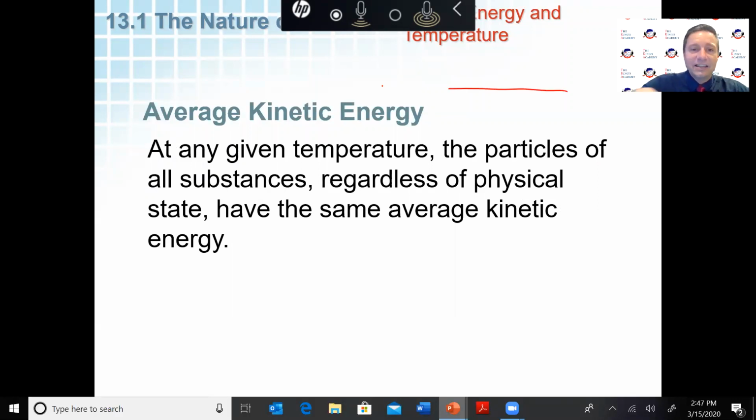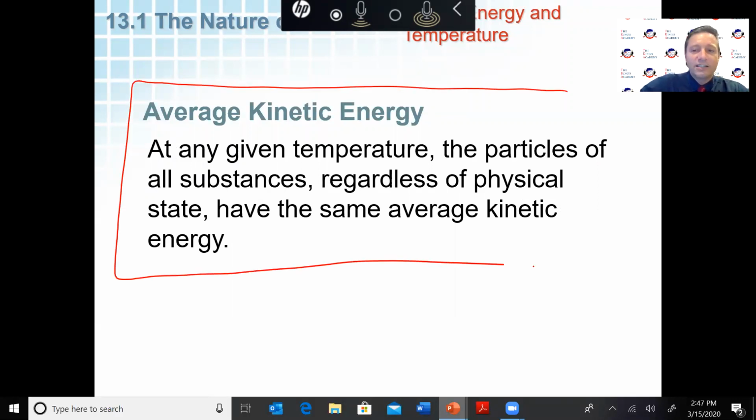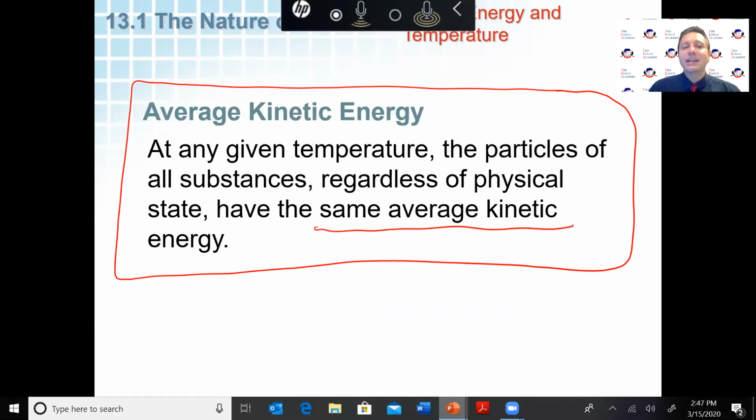And this is a very important concept. It doesn't matter what substance, if you have the same temperature, they have the same average kinetic energy. So I would jot that down. I make myself a little side note of that and say average kinetic energy, same temperature, same average kinetic energy.